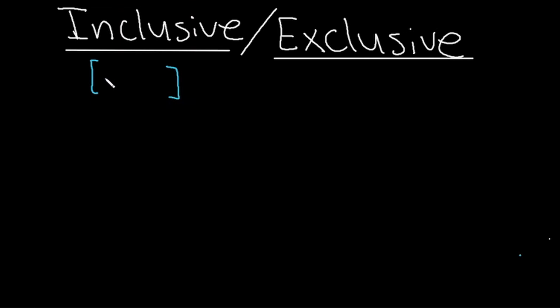So you have the closed interval represented by brackets from A to B. You would include the endpoints A and B in your interval. But if you have an open interval, this would be exclusive because you would not include the endpoints A and B in your interval. It would only be everything in between A and B.